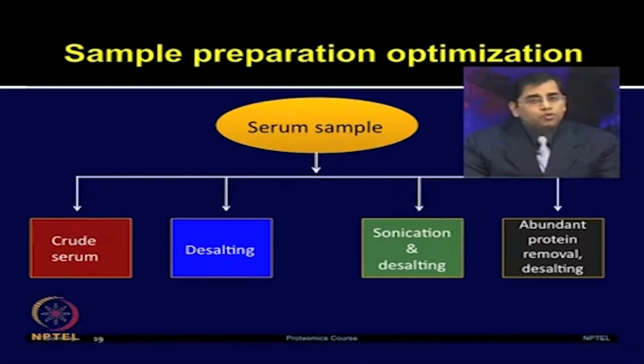But serum contains a lot of salt. So, isoelectric focusing itself becomes challenging if you have crude serum. So, we also tried whether we remove the salt component, and after desalting do the IEF.